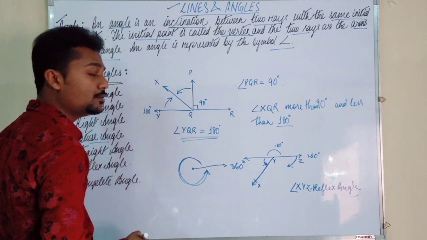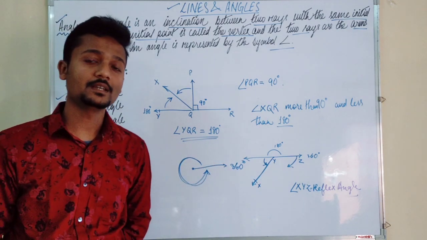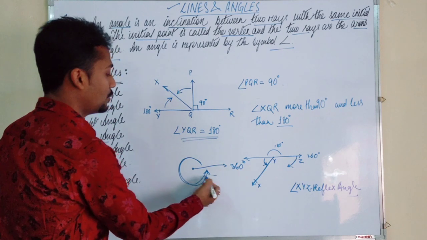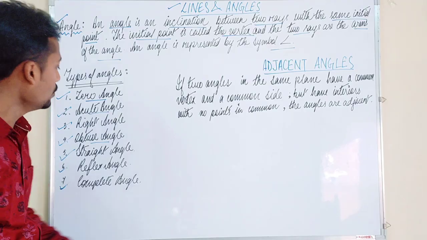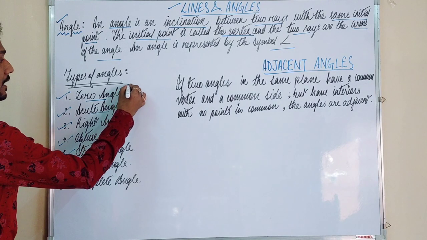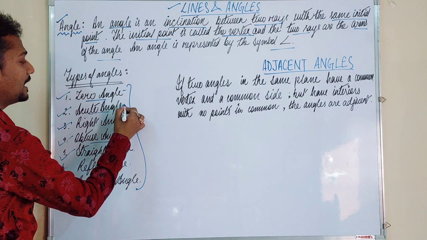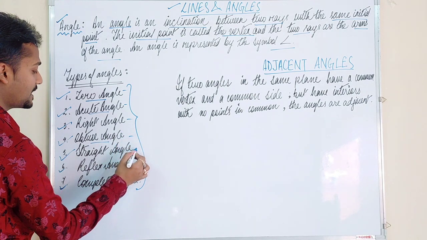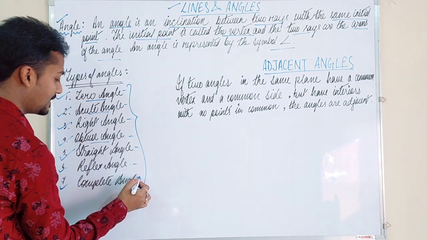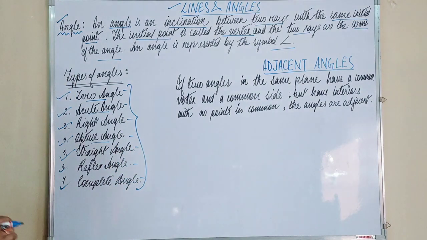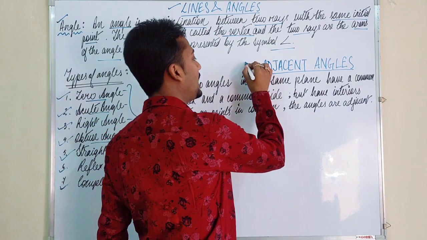So an angle which measures 360 degree is known as complete angle. Hope you have understood the various types of angles: zero angle, acute angle, right angle, obtuse angle, straight angle, reflex angle and complete angle.